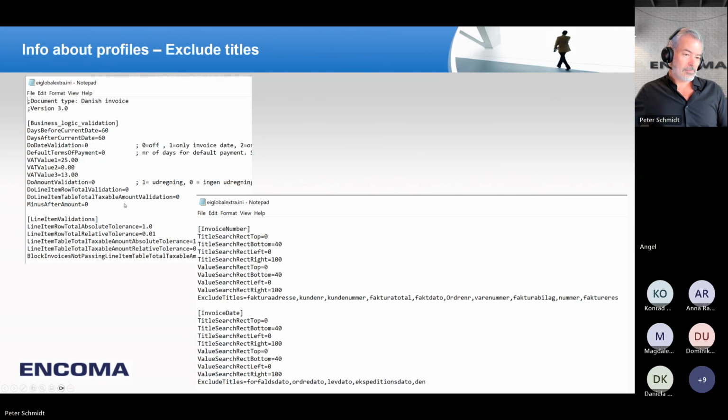And there is a lot of other information here that we can go in and specify for each profile. It can be beneficial to look into this file and see what we can do to optimize it.